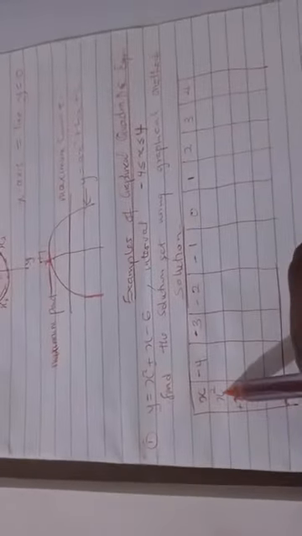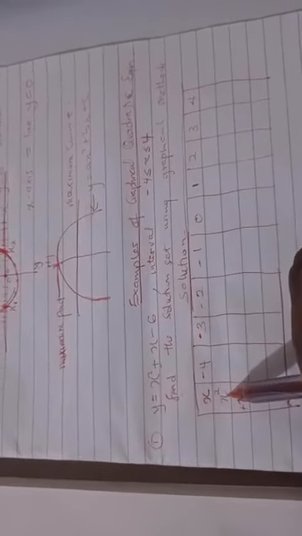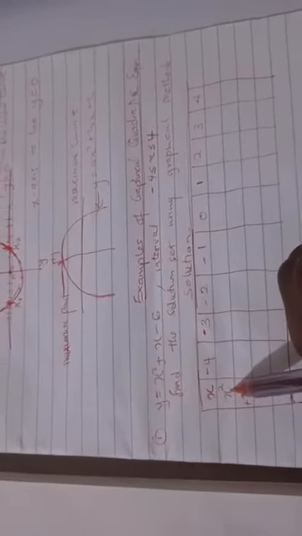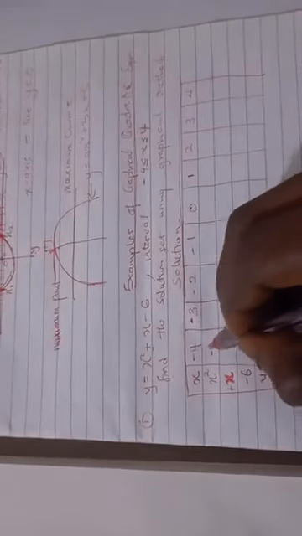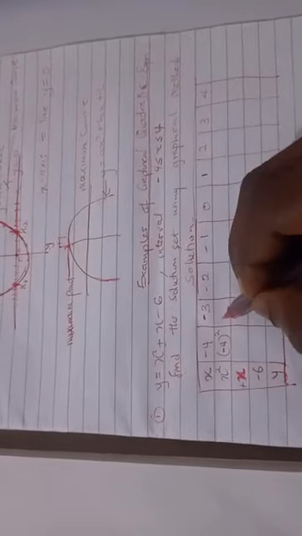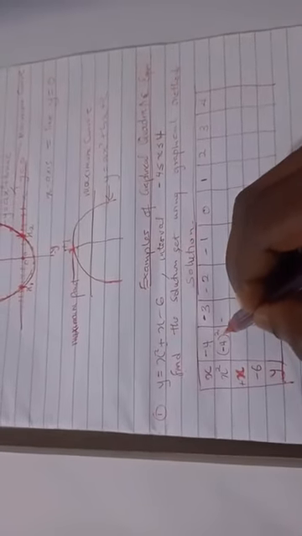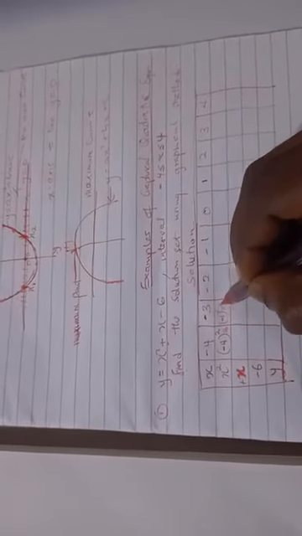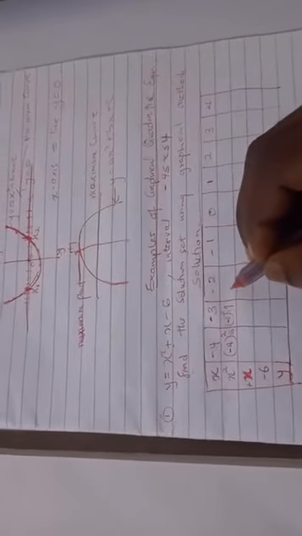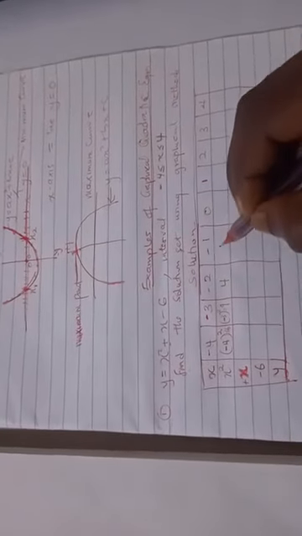So I have this x squared. You don't need to do this, but I want to explain so that you understand. It's the same thing as -4 squared, which will give you 16. This is -3 squared, which will give me 9. So I will not do that again. I'll get 4, 1, 0, 1, 4, 9, 16.